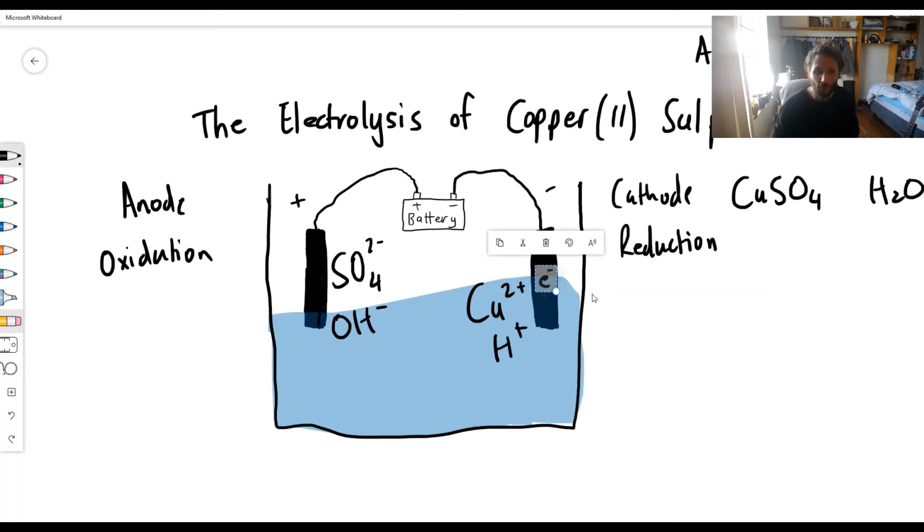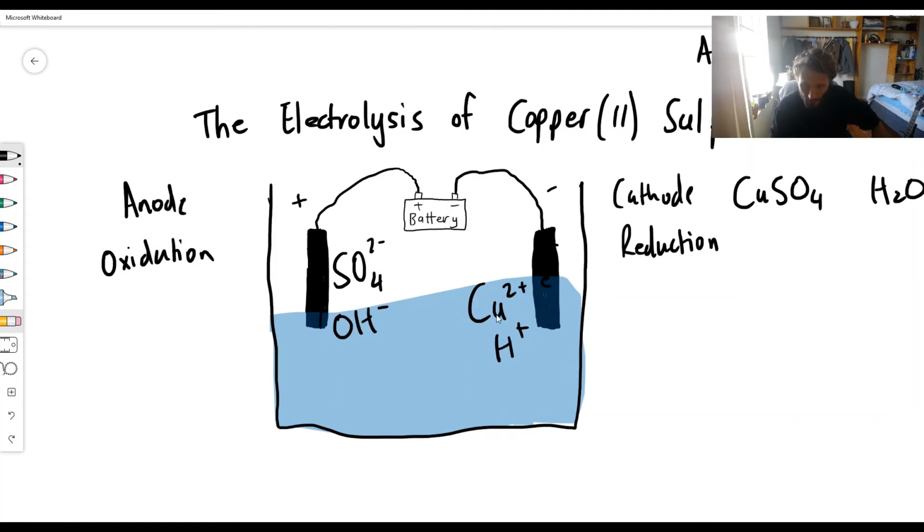Boom. So this copper 2+ goes from being copper 2+ to being copper solid. And we all know that there are millions of these copper 2+ ions in solution.